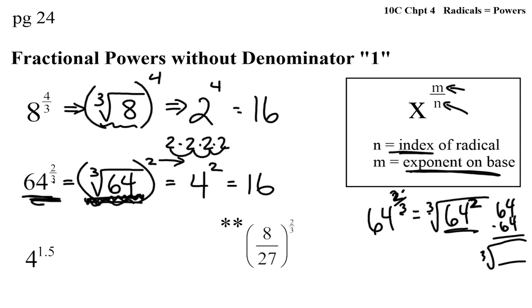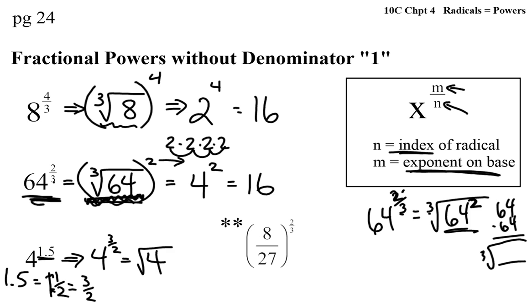So this 4 exponent 1.5. Well, 1.5 isn't something we want, but what is 1.5 as a fraction? If I turn 1.5 into an improper fraction, 2 times 1 is 2 plus 1, I get 3 halves. So a decimal can be converted to the fractional equivalent. And now that we have a fraction, now we can convert it. What do we have?